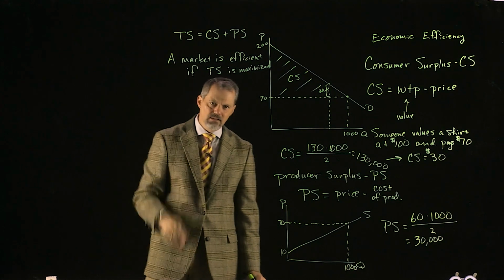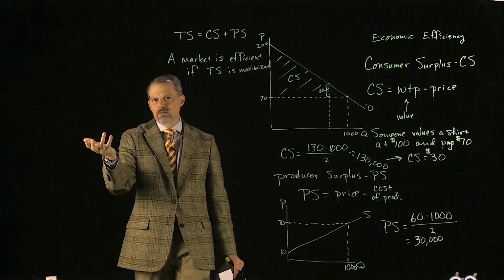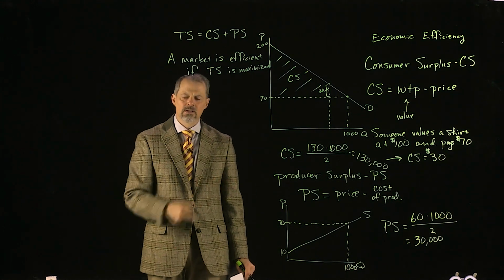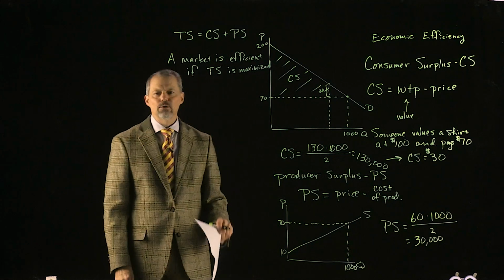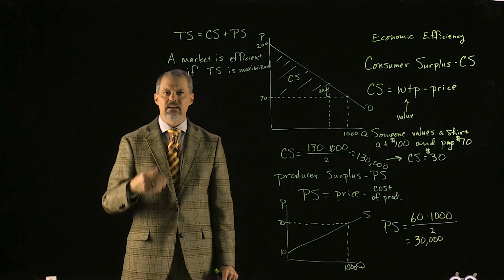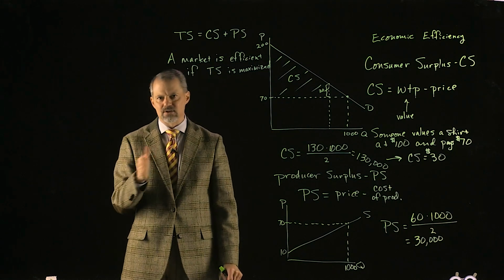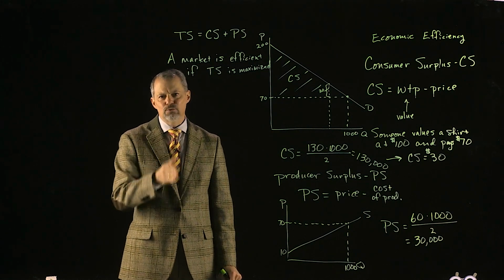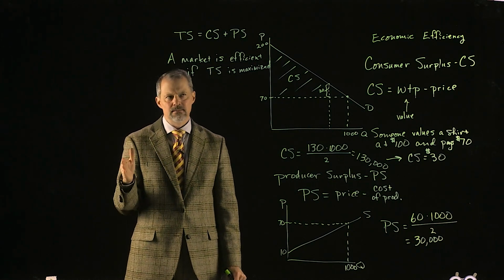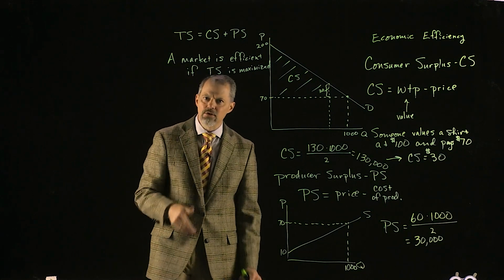You should do it because you're going to help at least one person and nobody gets hurt. So if total surplus is not maximized, then that means that we could reallocate production or consumption, and we could help at least one person and not hurt anybody. And so we would want to do that.